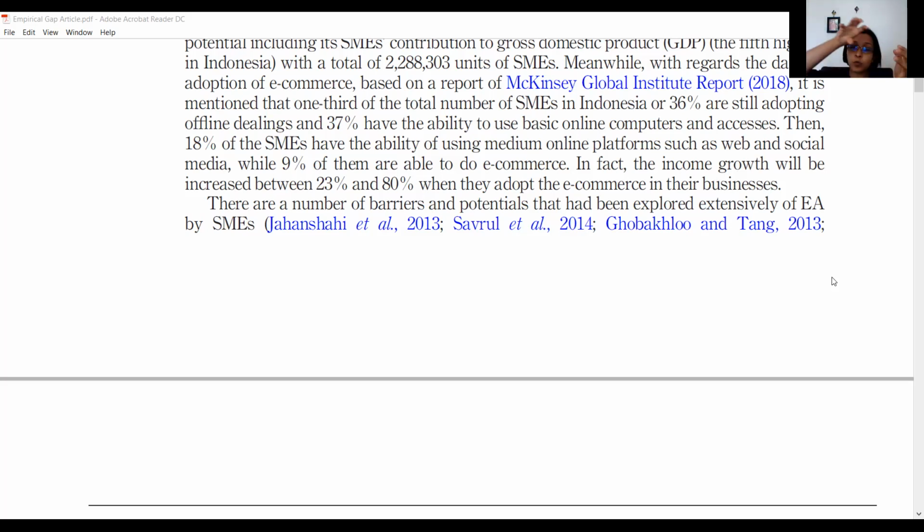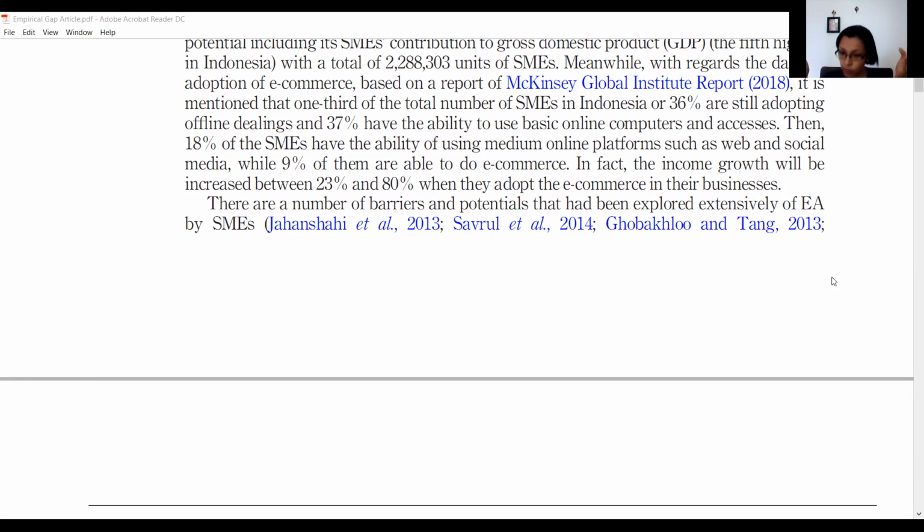Okay, then you open the path about what your study is about. Then you say the purpose of this study is to investigate the factors influencing the adoption of e-commerce in SMEs in Sri Lanka, right?